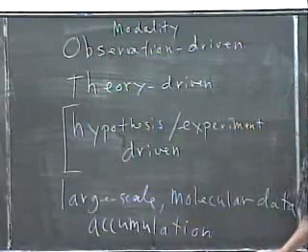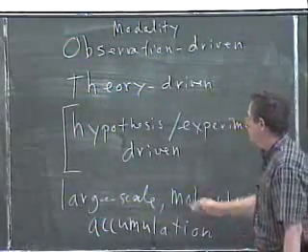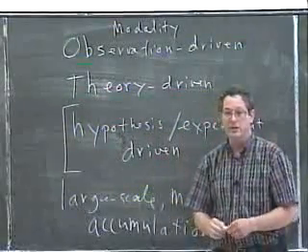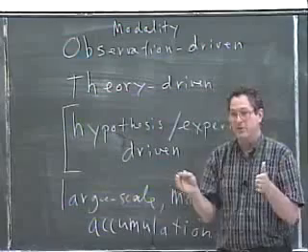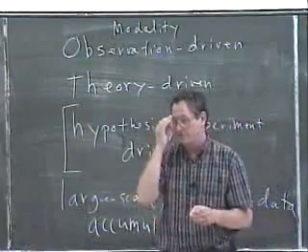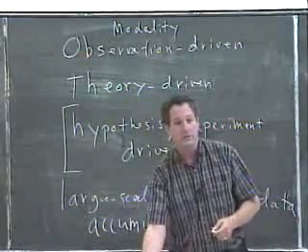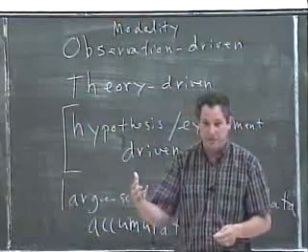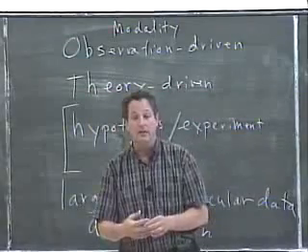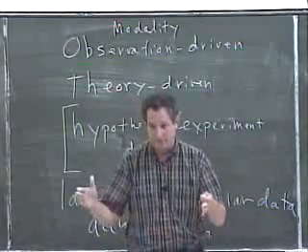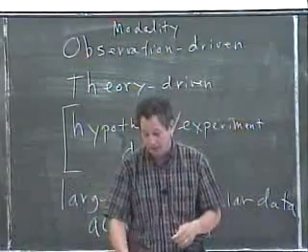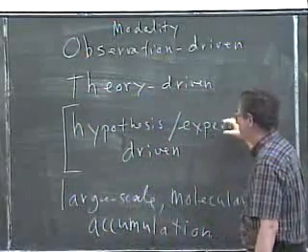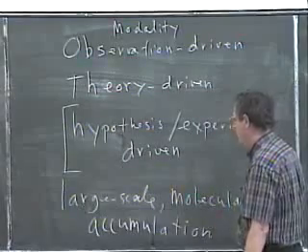In a sense, when people were doing hypothesis, experiment-driven biology, often you wanted to find out what was the sequence of a particular gene, or you wanted to locate where that particular gene was. Let's say if you had some phenotype, you have some trait that you know about, and you're trying to find where is a gene that affects that trait, you would do various experiments to try to find that particular gene.